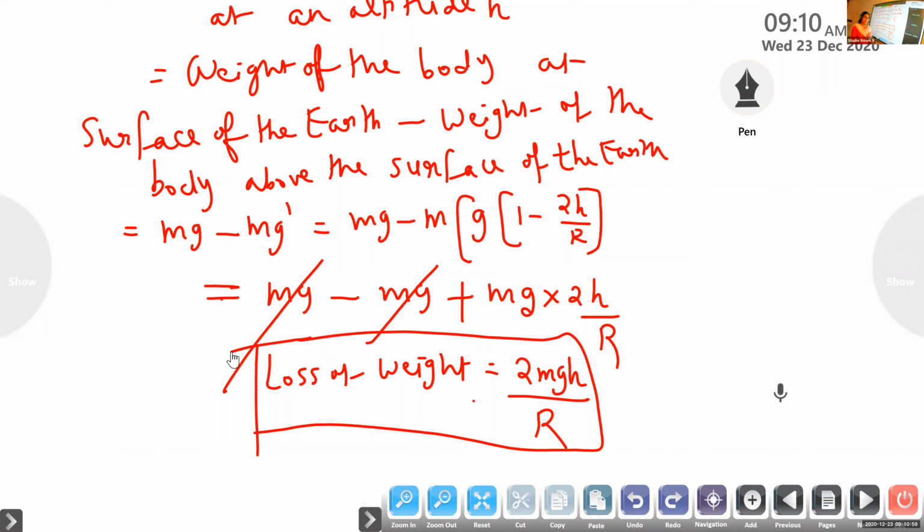Suppose you are a 60 kg person, 2 into your mass, into 9.8, into the height, say 100 kilometers away from the surface of the earth, divided by capital R. This is used in aeronautical engineering, which is related to aeroplanes. Suppose an aeroplane is at a particular altitude. We can use this equation and find out how much is the weight loss.